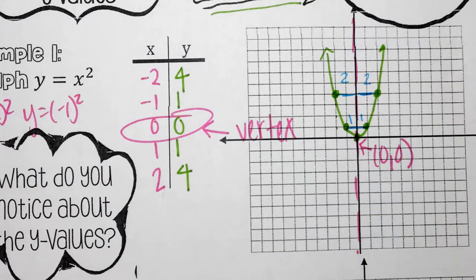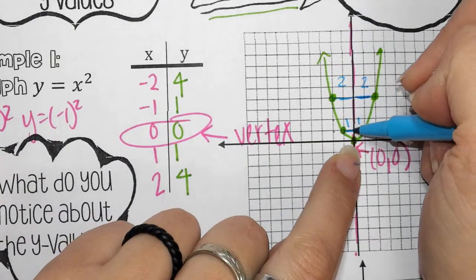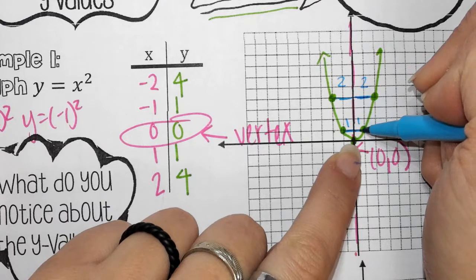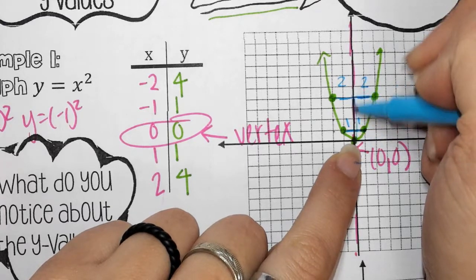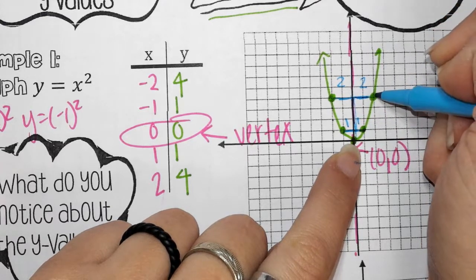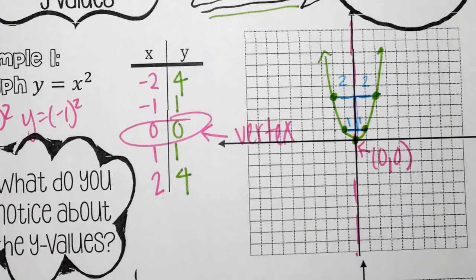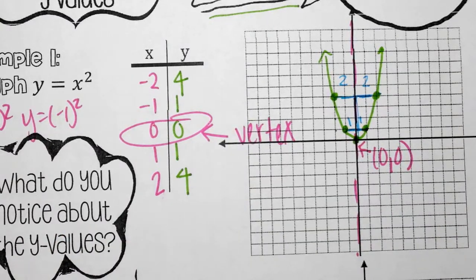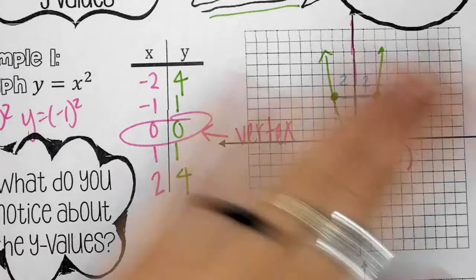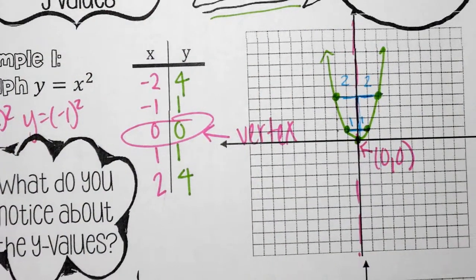And then from your vertex, you go up 1 and right how many? 1. And then you would go up how many for your next point? 4. And right? 2. It's going to do that every time. It's your perfect squares. It's magic. We're going to practice some more, don't worry. And I'm going to show it to you again and again so you can see how it shifts and everything.